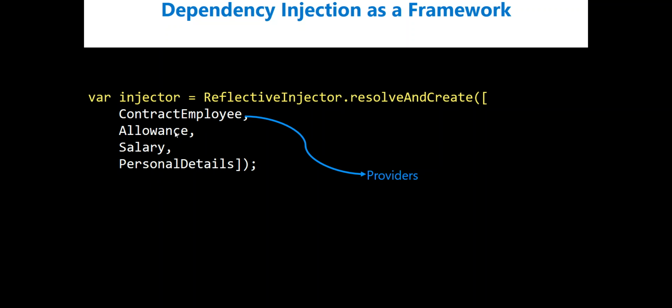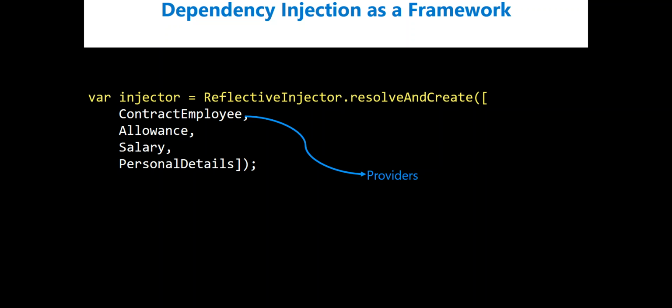The employee is completely dependent upon these things. Please excuse me for the diagram displacement; this arrow should be marked at this particular place. So resolveAndCreate is a factory function which takes the list of providers and creates an injector. And again, a provider is an agency which registers the list of dependencies.